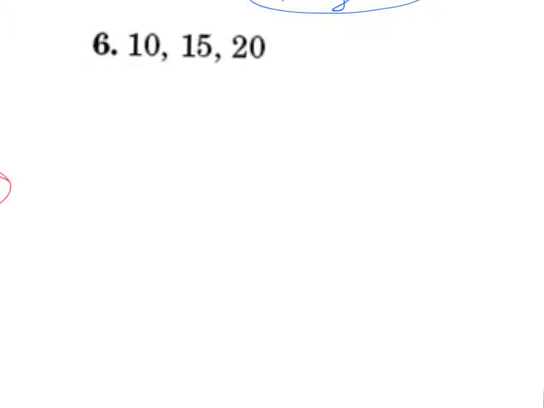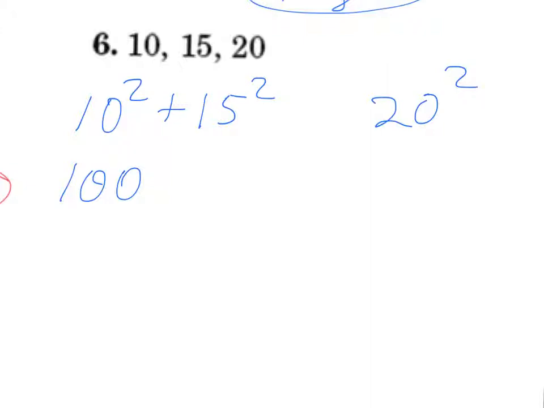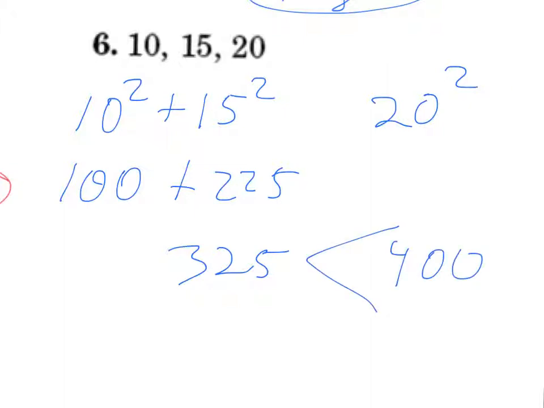And the last one, 10 squared plus 15 squared, and we've got 20 squared, so 100 plus 225 is 325. 20 squared is 400. The hypotenuse is larger. It's obtuse.